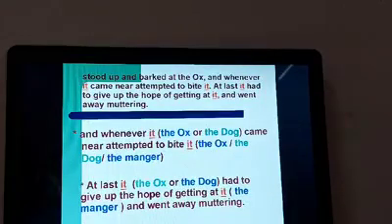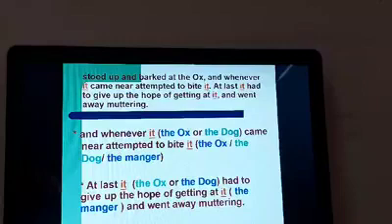Stood up and barked at the ox, whenever it came near to it and bite it. At last it had to give. That is the total confusing thing. I have written it again. Whenever it may be the dog or it may be the ox. So the expression may be whenever the dog came near to bite it.